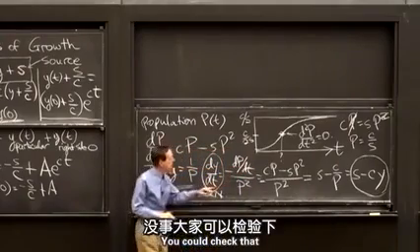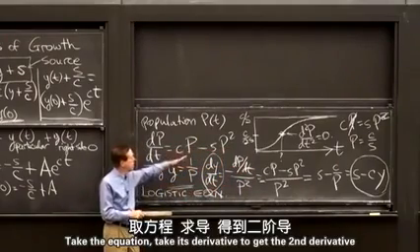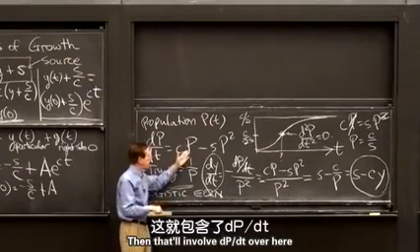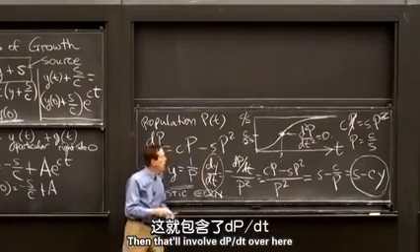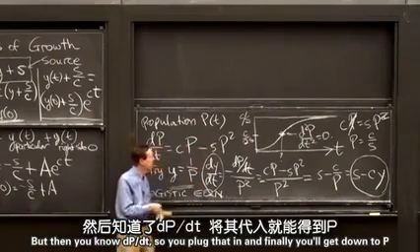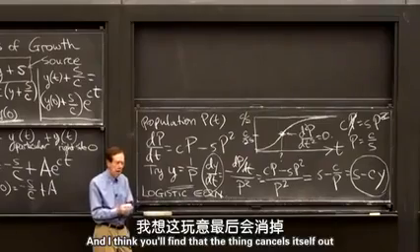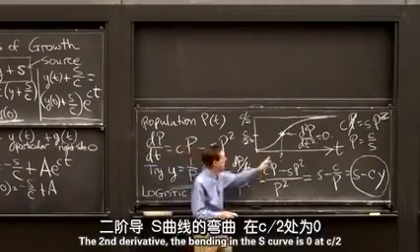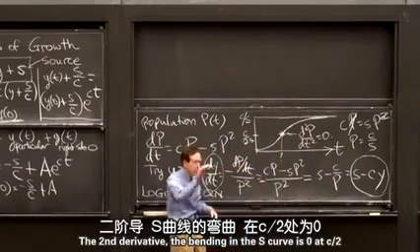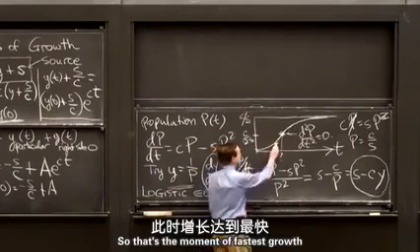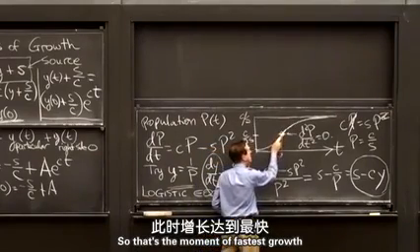You could check that. Take the equation. Take its derivative to get the second derivative. Then that'll involve dp dt's over here. But then you know dp dt, so plug that in, and then finally you'll get down to p's. And I think you'll find that the thing cancels itself out. The second derivative, the bending in the S curve, is 0 at c over 2s. So that's the moment of fastest growth.